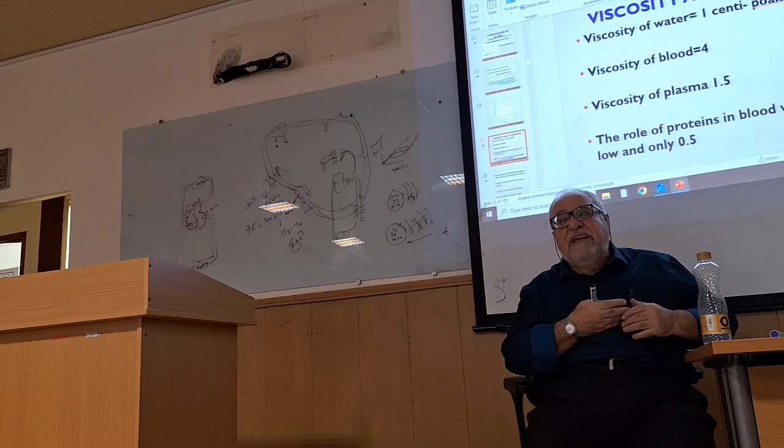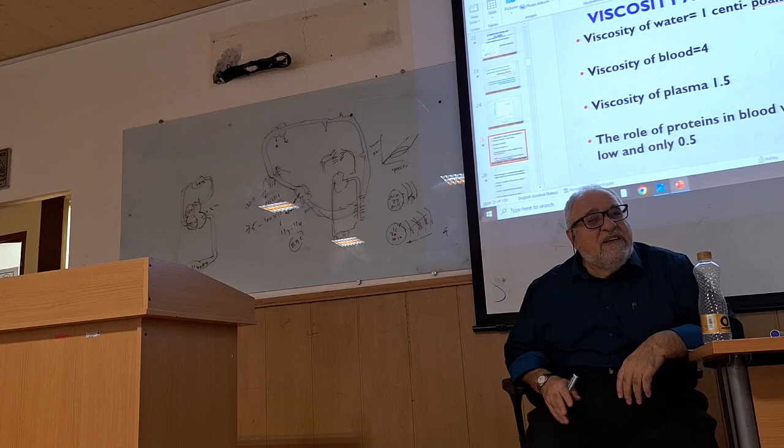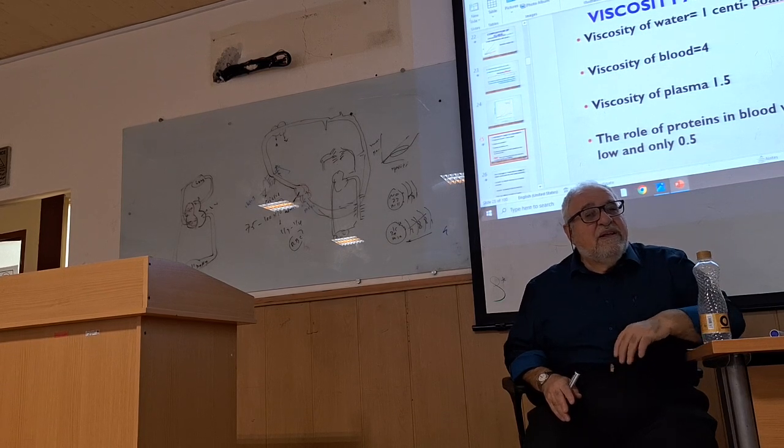plasma protein. Therefore, if I ask you whether plasma protein has any effect on the viscosity, you will say that the effect of plasma protein on the viscosity is very, very low.